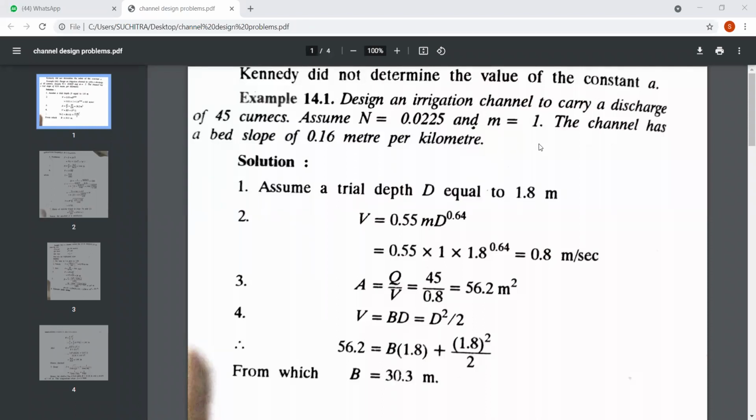According to the method of channel design, for case one, first we have to assume a trial depth of flow. Assume a trial depth d equal to, say, 1.8 meters. Once you assume a trial depth, then we have to calculate the critical velocity.